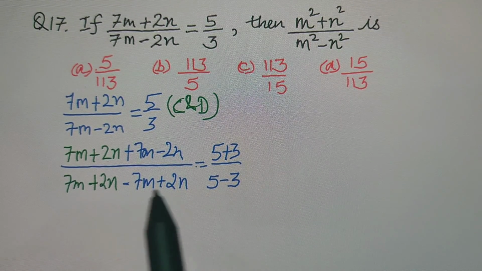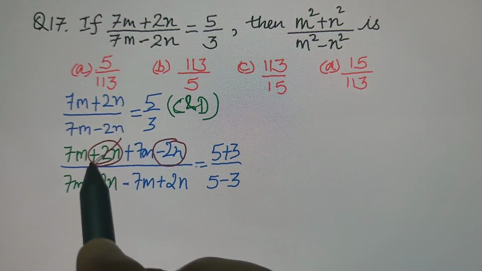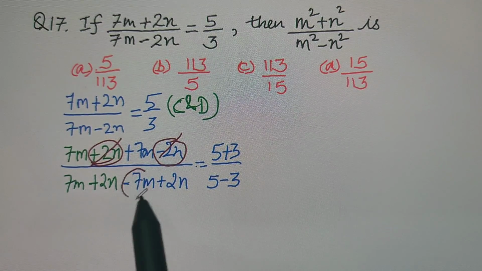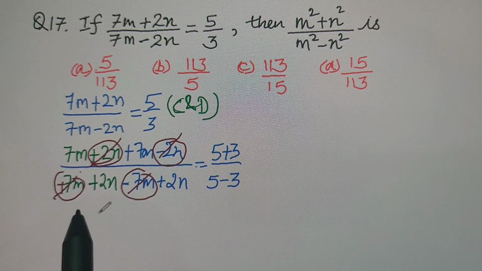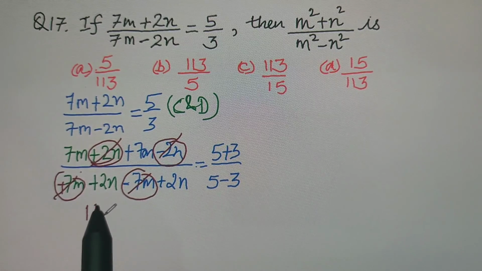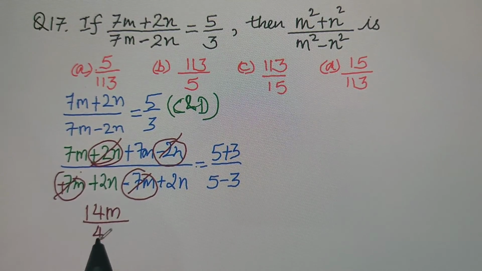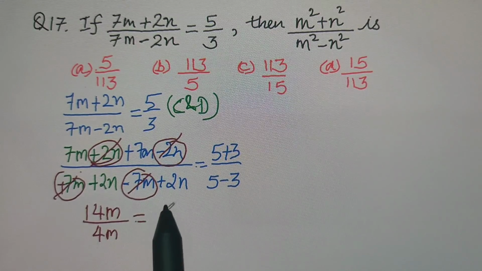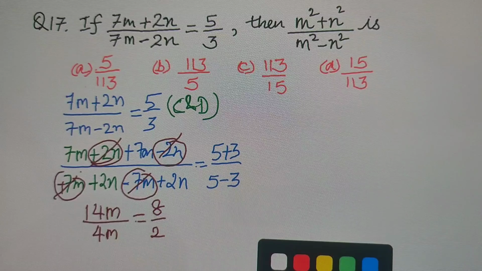See the next step. This is plus 2n and minus 2n, this gets cancelled. Similarly, plus 7m and minus 7m gets cancelled, so I get 14m upon 4n, which is equal to 8 upon 2. Fine.